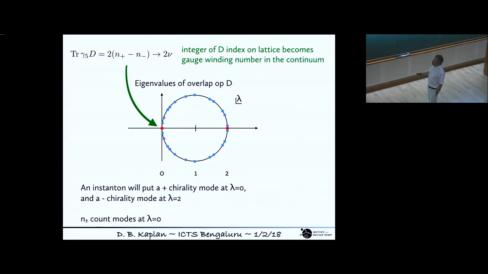So n plus and n minus correspond to counting the states that are at the special point lambda equals 0 with either positive or negative chirality. Being a lattice, they're always met with pairs of the opposite chirality, but they're not sitting at lambda equals 0, they're sitting at lambda equals 2. So this is, in eigenvalue space, the analog of what's happening with these surface modes being physically separated in space. So an instanton will put a plus chirality mode at lambda equals 0 and a negative chirality mode at lambda equals 2. And n plus minus just counts the modes at lambda equals 0.